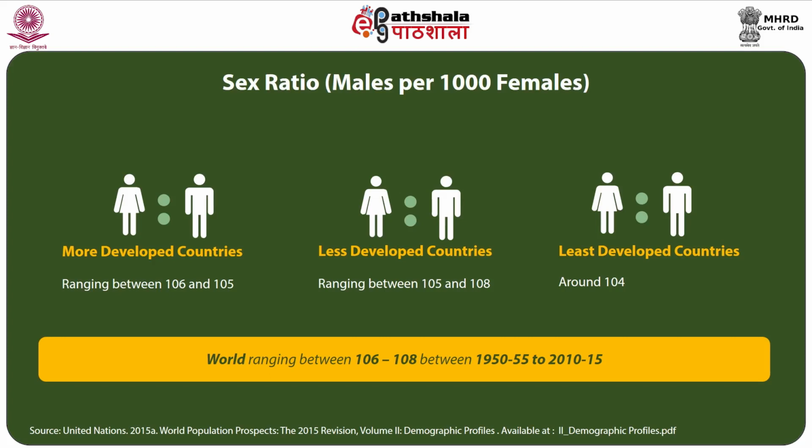In the case of more developed regions, the range is 106 and 105, whereas in the case of less developed regions, 105 to 108, and in the case of least developed regions, it is as low as 104.